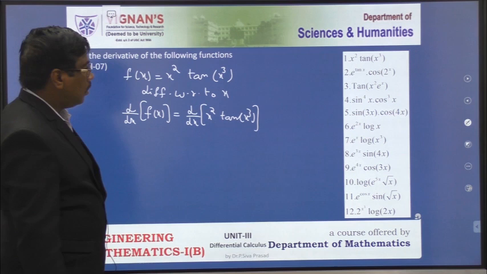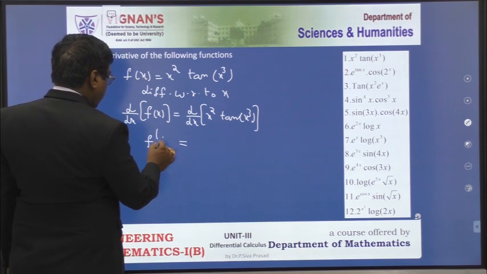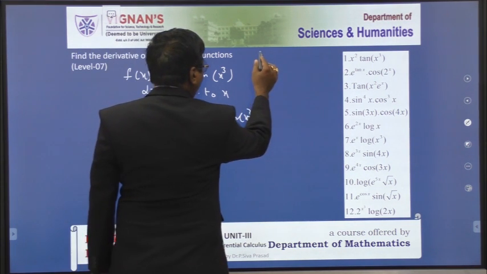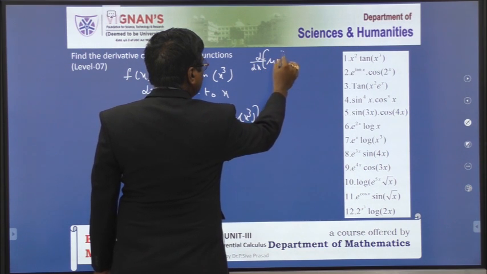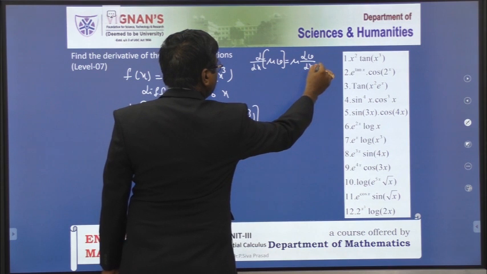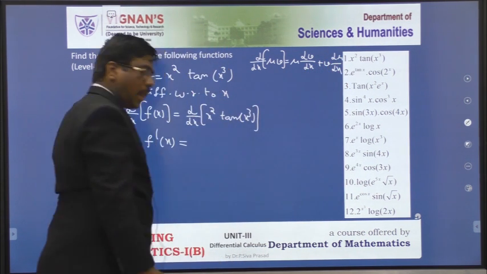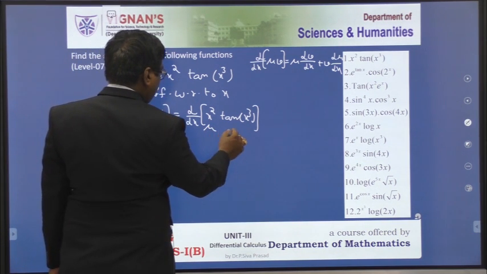Now we have to apply the uv formula. This is f dash of x is equal to, the formula that I already told you, d by dx of uv is equal to u into dv by dx plus v into du by dx. Assume this one is u and this one is v.